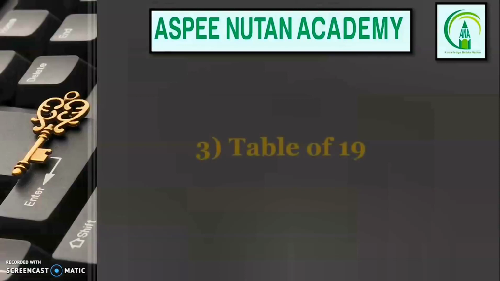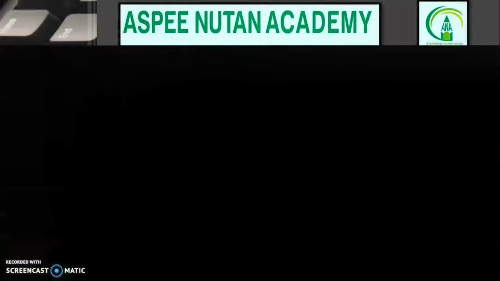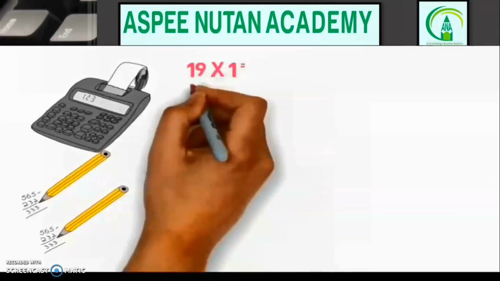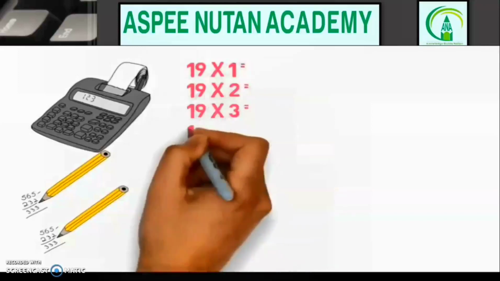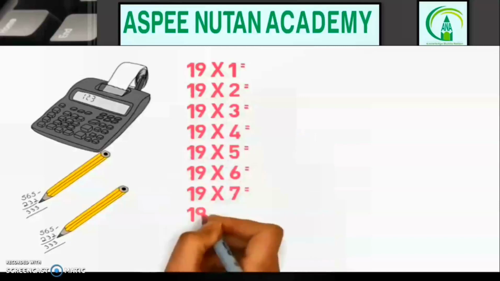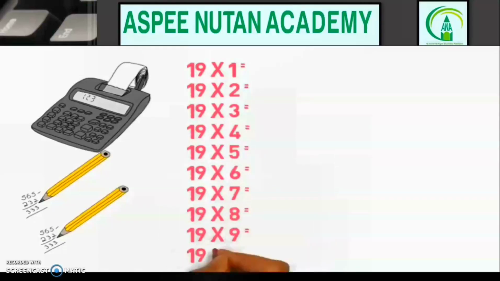Now, finally, the easiest trick to remember the table of 19. Are you ready? We begin by writing the table. 9 times 1 and so on.